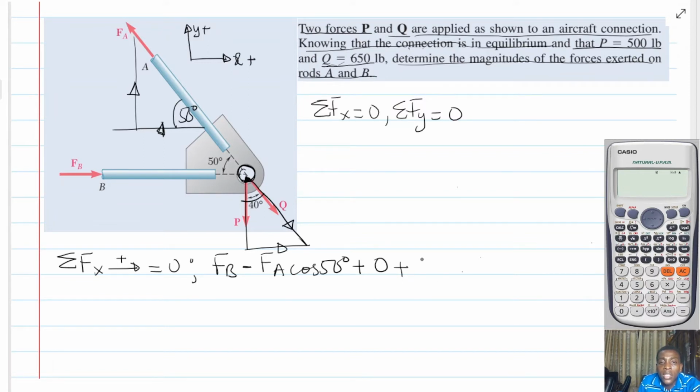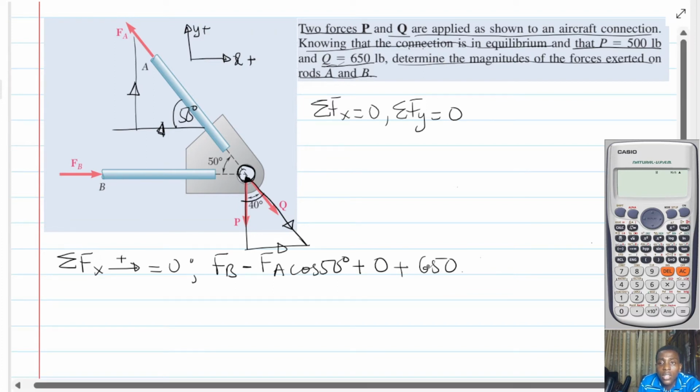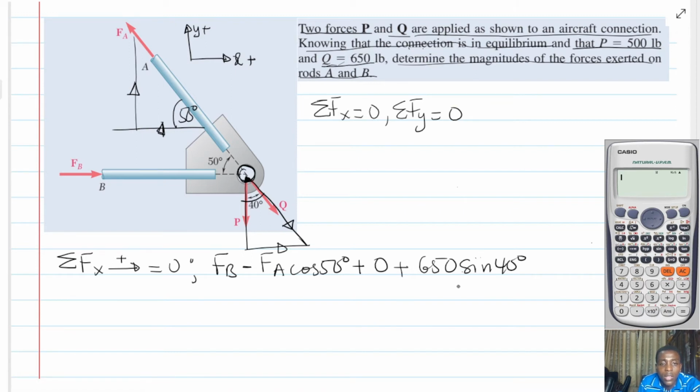So 650 sine 40. Is there any other force we have not considered yet? No. So the summation of forces will be 0 as shown.